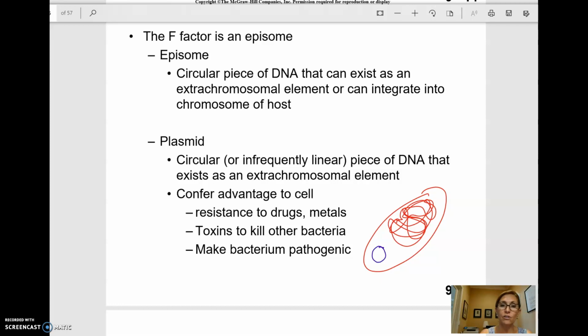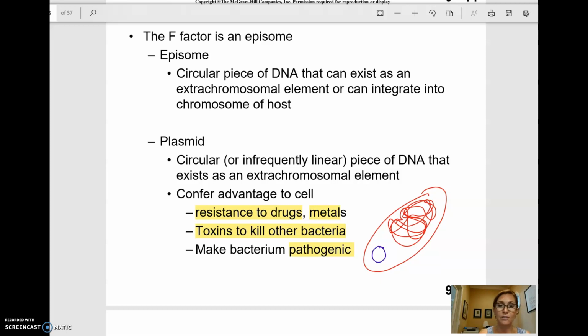But this small piece of DNA can be very powerful. It can confer resistance to drugs or metals. And when I say resistance to drugs, I mean like antibiotics. Plasmid DNA can also have genes on it that confer resistance to toxins that normally kill bacteria. And unfortunately, plasmids make bacteria pathogenic in some cases.